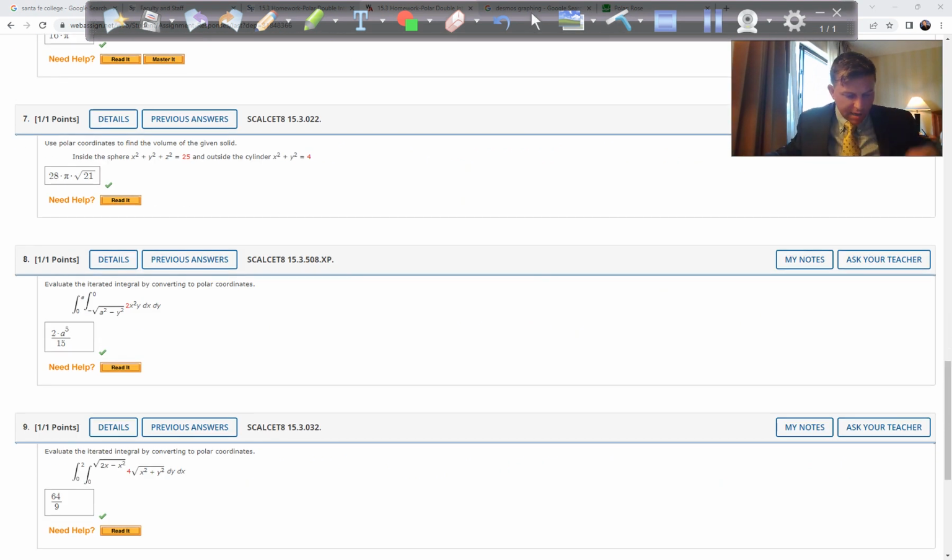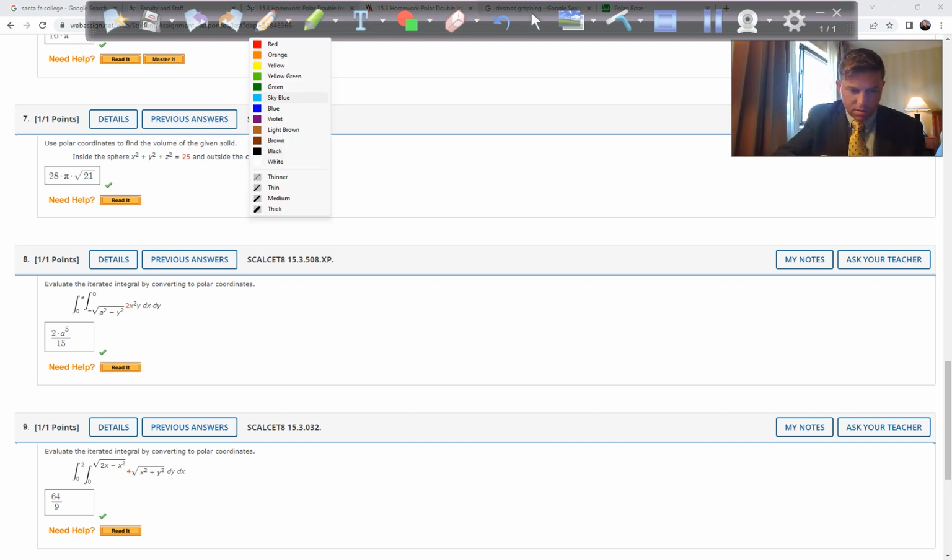Problem 9, we have x goes from 0 to 2, y goes from 0 to the square root of 2x minus x squared, and the function is 4 root x squared plus y squared. So let's start to rewrite this stuff in terms of polar coordinates.